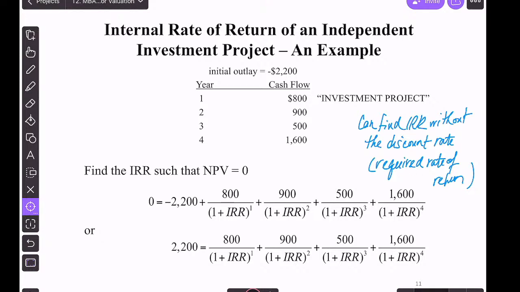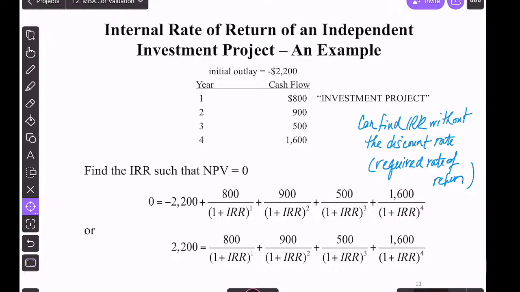So what is the IRR? It is the discount rate that gives us a break-even project. So NPV of 0 would be break-even. No profits, but no losses. Okay, so that's 0 would equal this. So you can interpret IRR as the return on investing in the project.